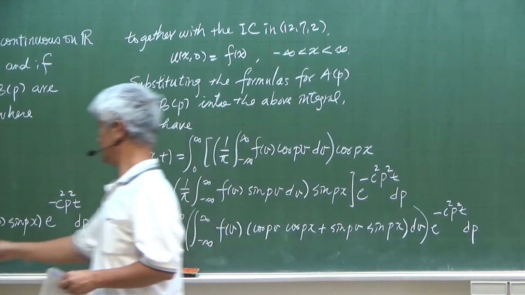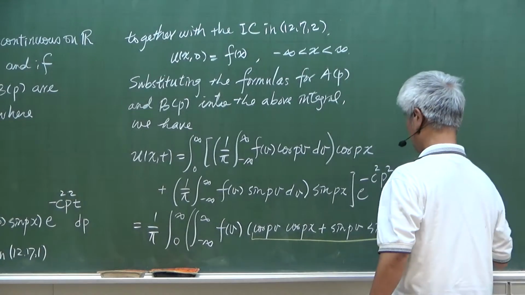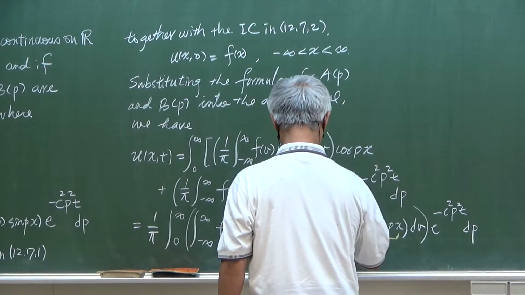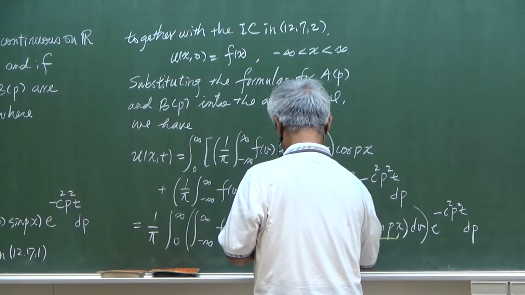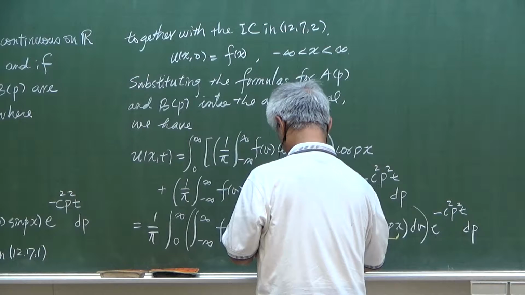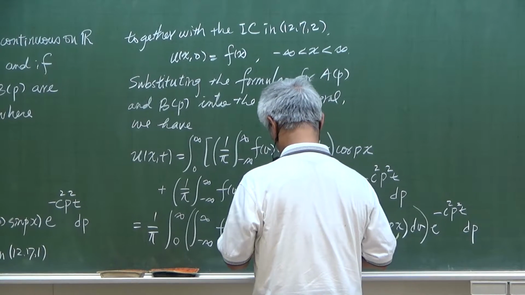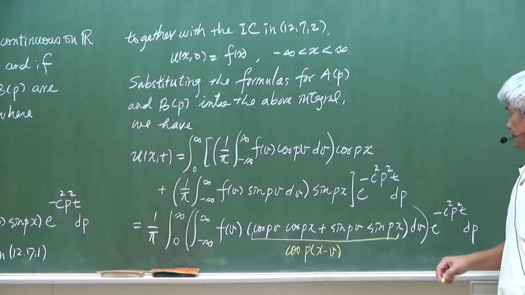And now, by using the product-sum formula, this is equal to cosine p(x minus v).